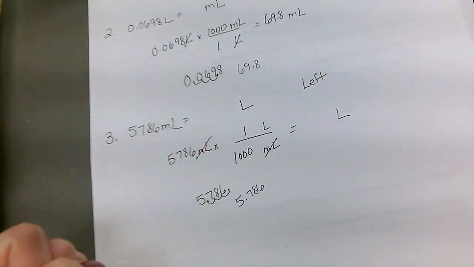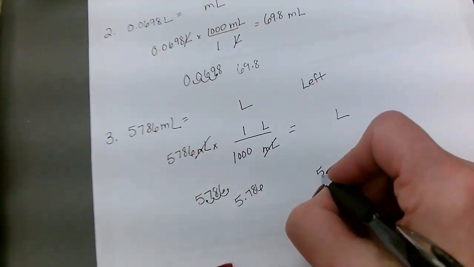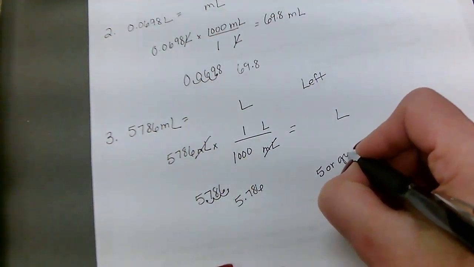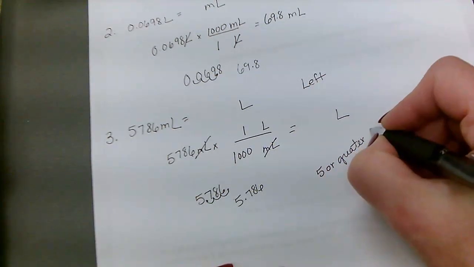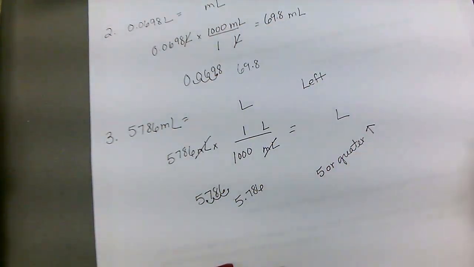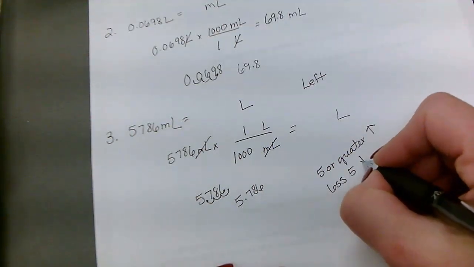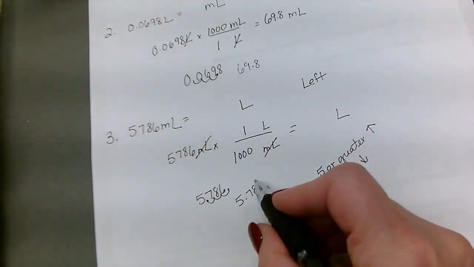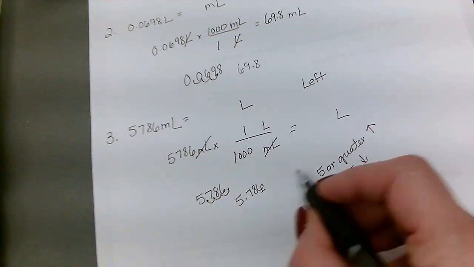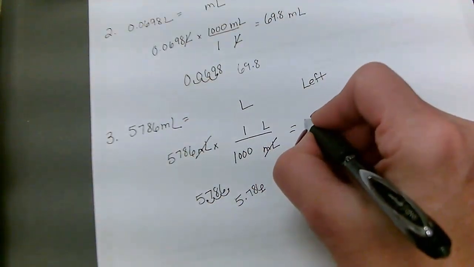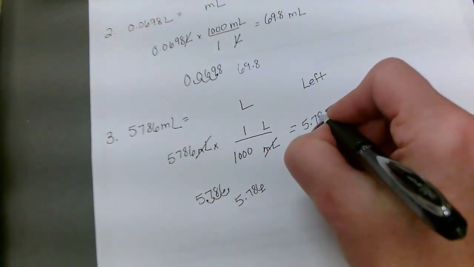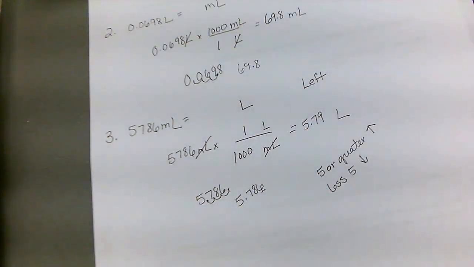Our rounding rules in pharmacy is 5 or greater, you round up. And if it's less than 5, you round down. So here, this 6 is greater than a 5, so we're going to make our answer 5.79. We're going to round up using scientific notation.